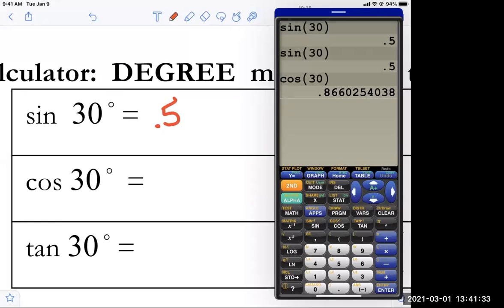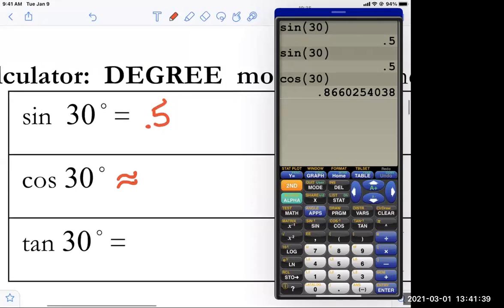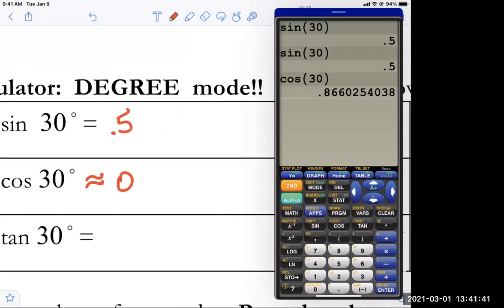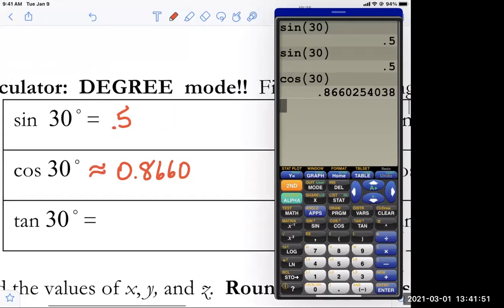Okay, so rounded to 4 decimal places, that would be approximately, I know that says equal there. I'm going to turn them to approximately because I want to make it clear that I'm rounding. 0.8660. Okay, it's going to keep going, but I'm telling you to round to 4 decimal places. Tangent of 30. Approximately, again, I'm rounding, 0.5774.